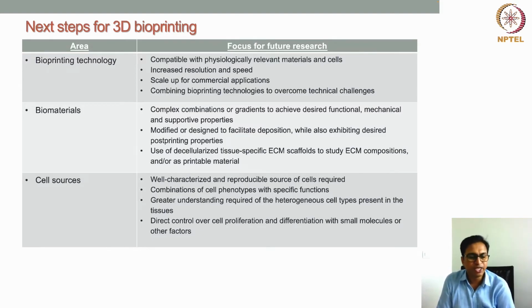The other thing is the speed. As you have now understood, during printing the cells are in a condition that is not good for sustaining for a longer time. So we need to increase the speed of the bioprinting techniques so that we can print the structure very fast and the fabrication time can be reduced, because fabrication time has some effect on the printed structures.